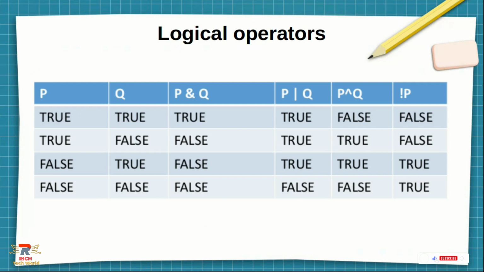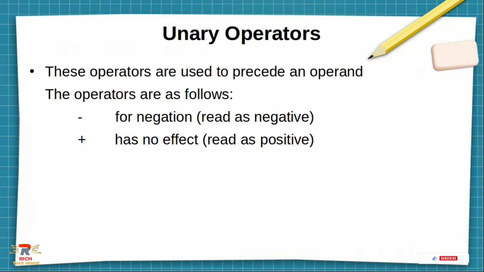Moving on, we are going to talk about the unary operators. These operators are used to precede an operand. We've learned that the operand can be a string, a constant, a variable, or a function. An operand can be any of these things, and these operators are used to precede them.